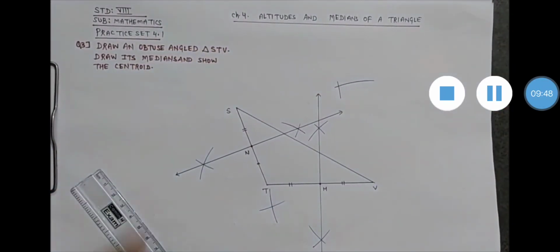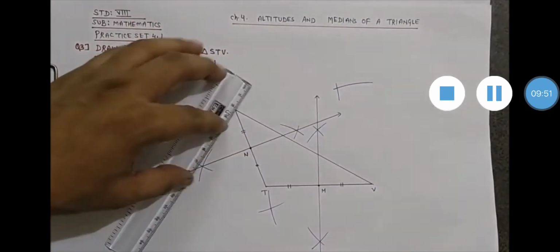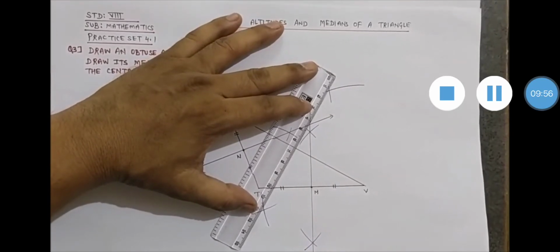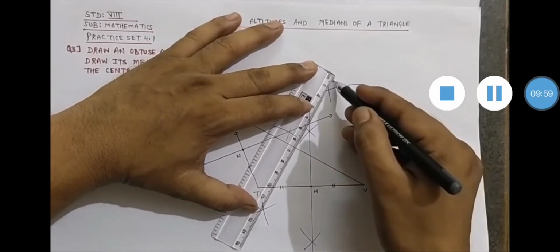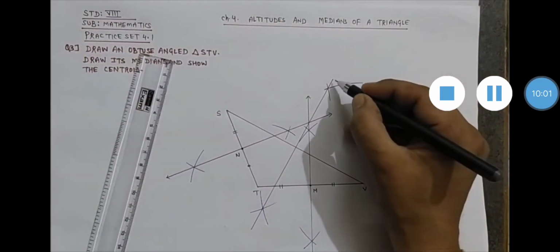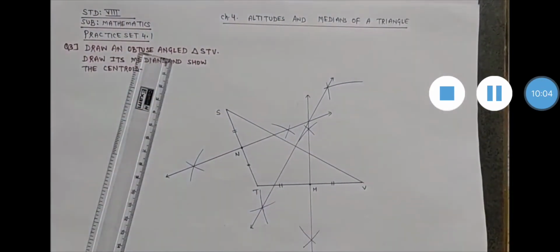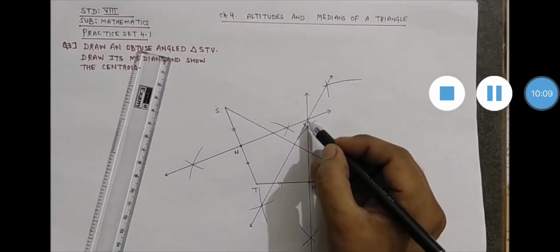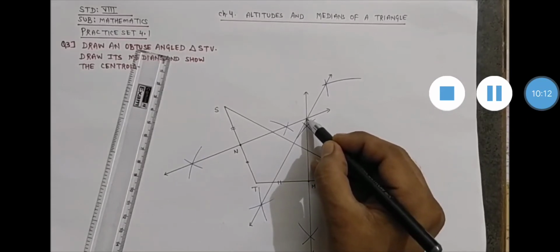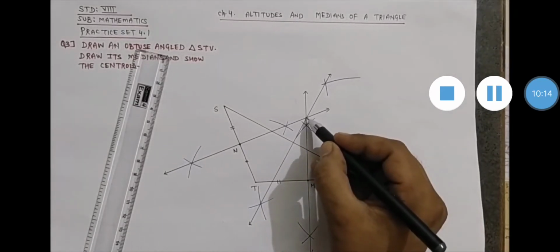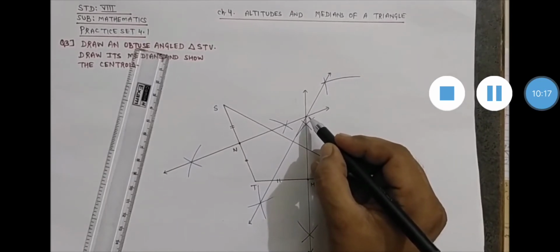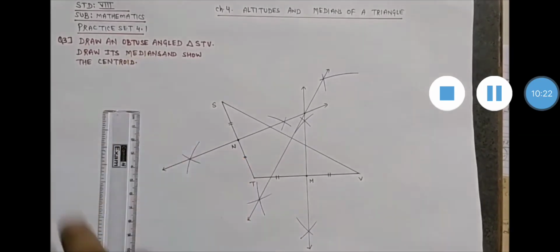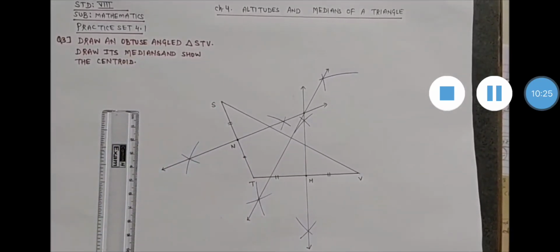Now join these two points. Now name that point as P. Can you see three lines are touching each other at one common point? That point is called the centroid.